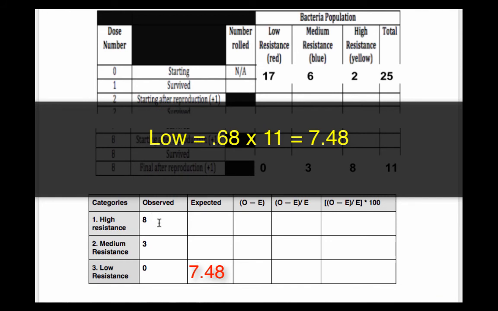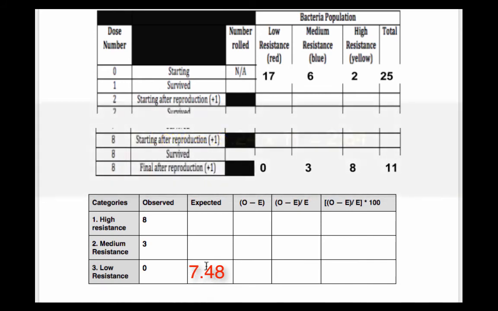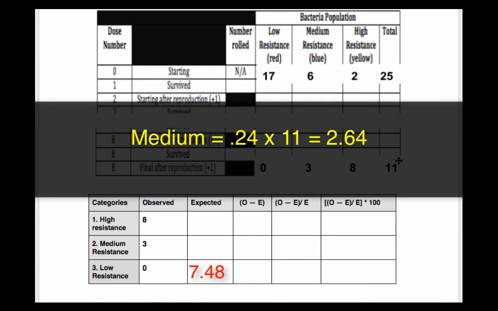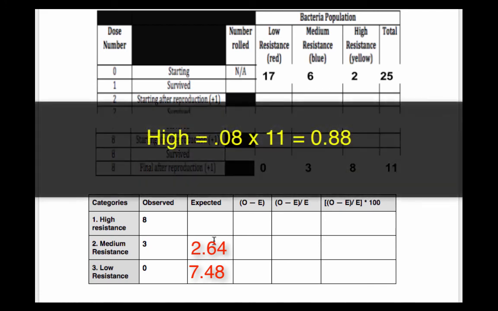So if you think about our 11, we expect 7.48, and we're going to put in the decimals. Then our 0.24 times 11 should give us 2.64 medium resistance bacteria. And then for our high resistance bacteria, we said that was 0.08 of the population. So 0.08 times 11, and that would give us 0.88.